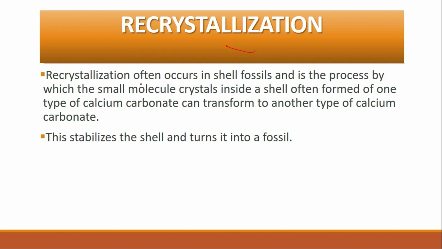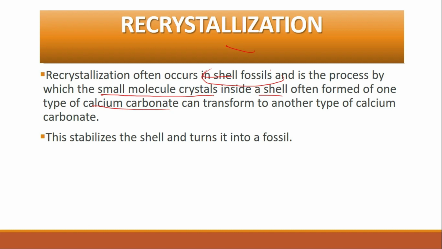In recrystallization, it often occurs in shell fossils, and is the process by which the small molecule crystals inside a shell, often formed of one type of calcium carbonate, get transformed to another type of calcium carbonate, which stabilizes the shell and turns it into a fossil. So here the laws of crystallography are taking place. They started crystallizing.